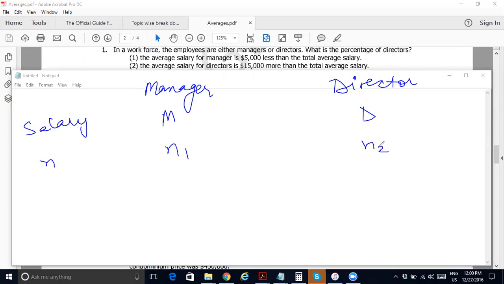Now we said that the average salary of managers is equal to M into N1 over N1.